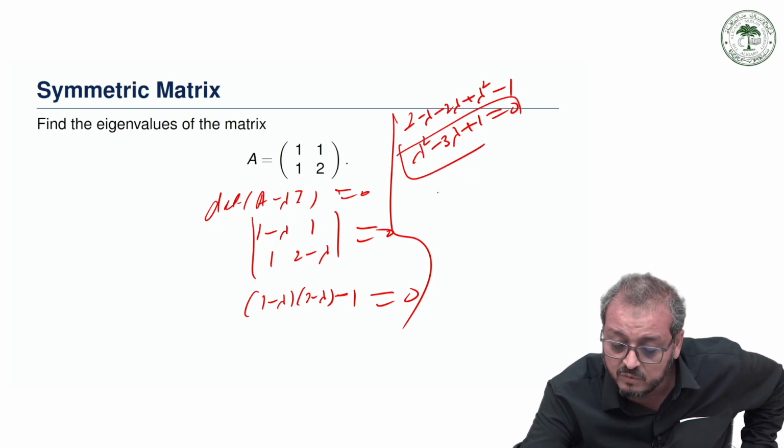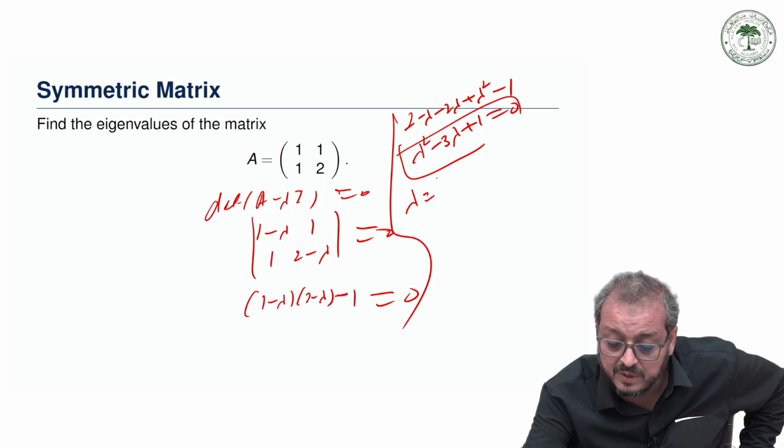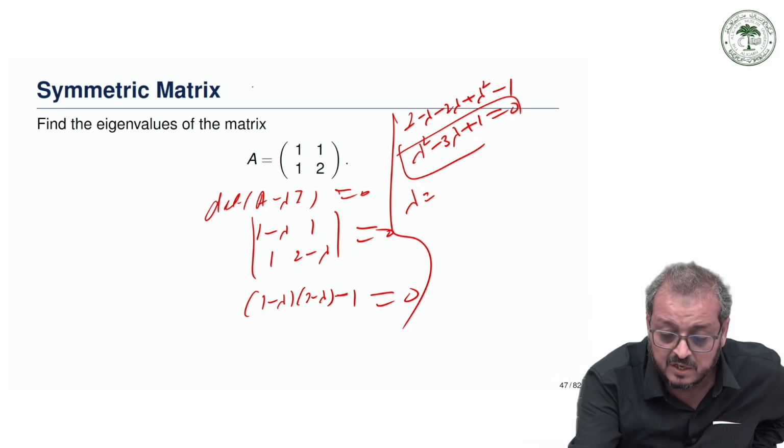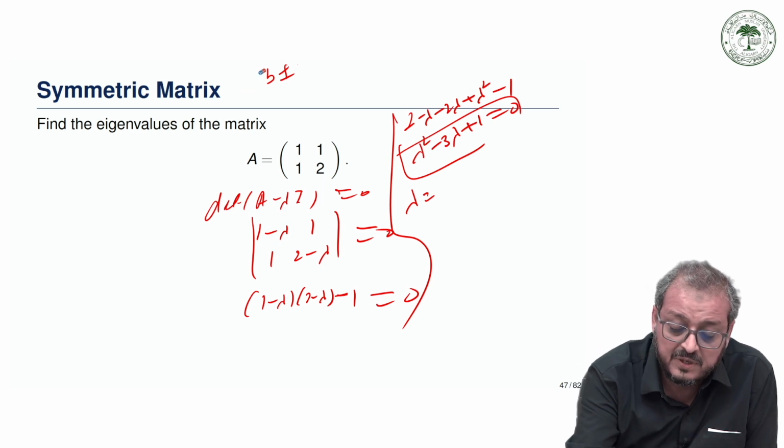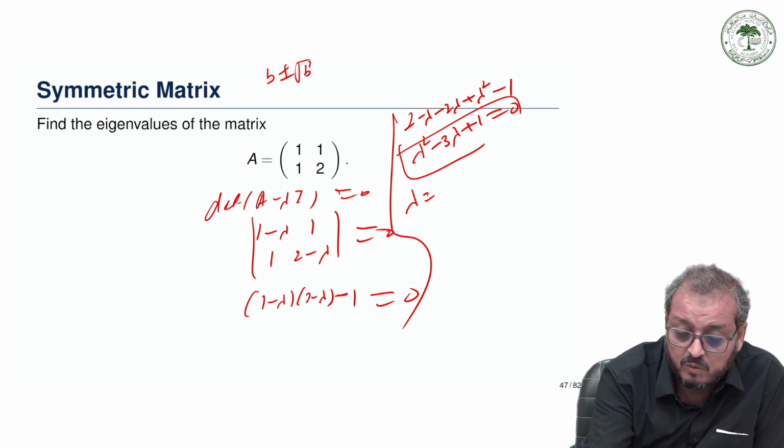Now we can calculate lambda using the roots of the quadratic: lambda is equal to minus b plus or minus root of b square minus 4ac, over twice a.